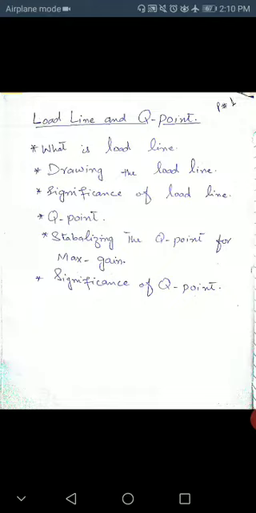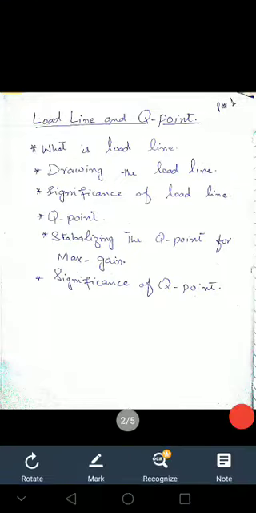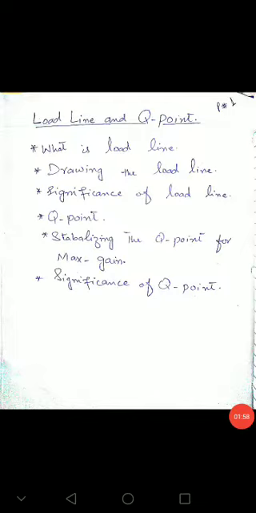Regarding load line, we shall discuss what is load line, its definition, drawing the load line, significance of load line, Q point, which means quiescent point, stabilizing the Q point for maximum possible gain, and significance of Q point.